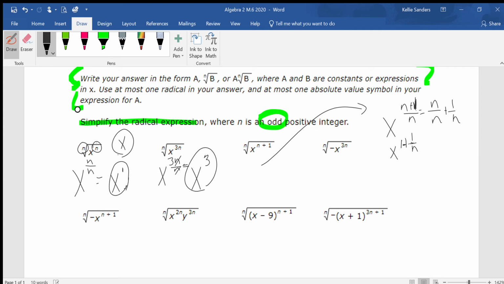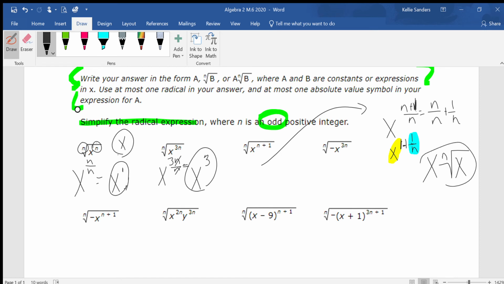I know it's like, what in the world are you talking about? But here we go. If we have this 1, that 1 comes to the outside. And since we have this left over, it stays on the inside.